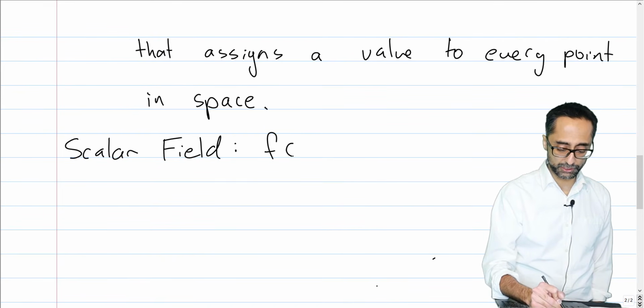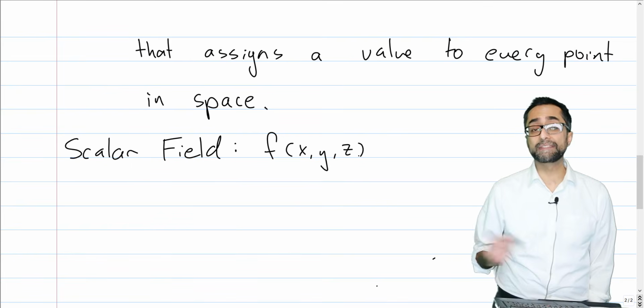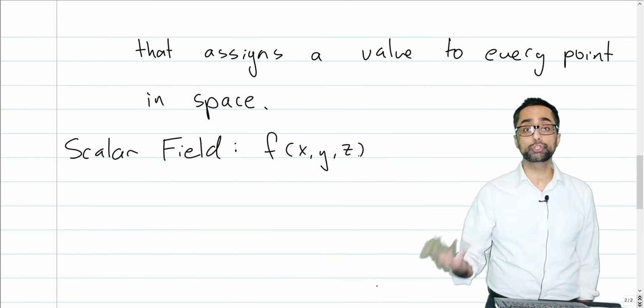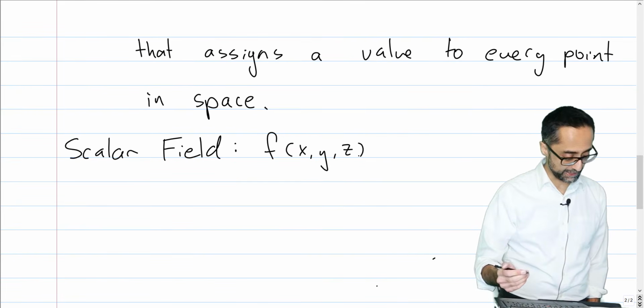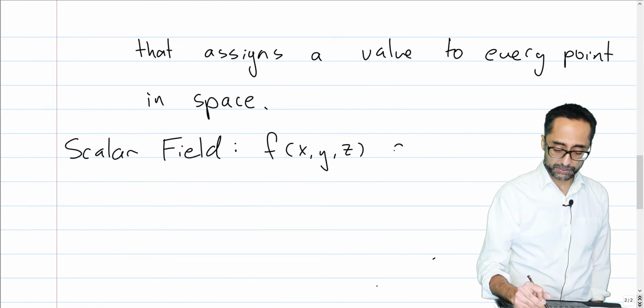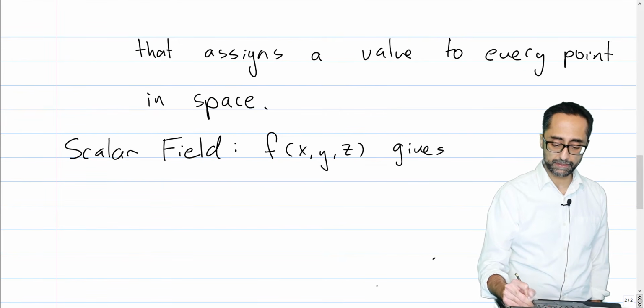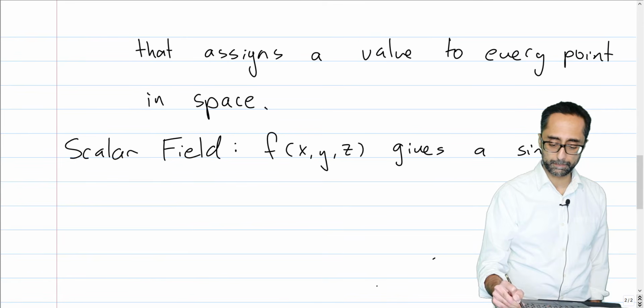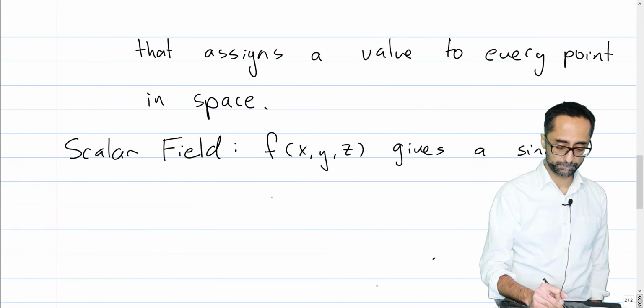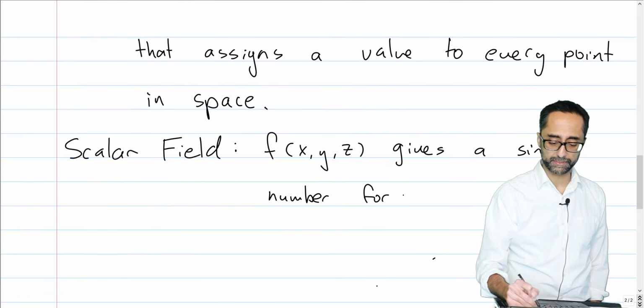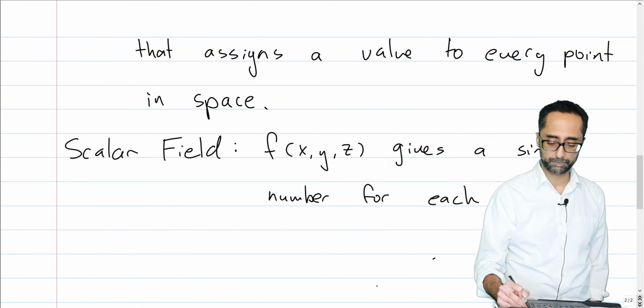It is just given by a function, again, giving a numerical value to all space in x, y, z. And it just gives a single number for each position. That's all it does.